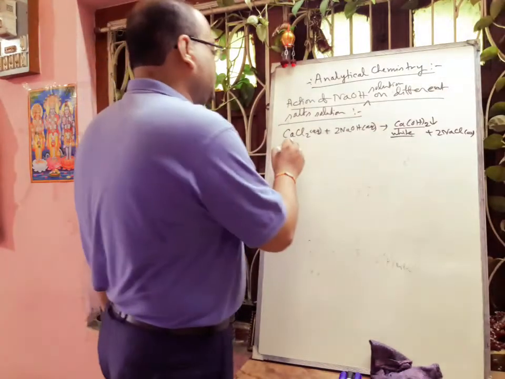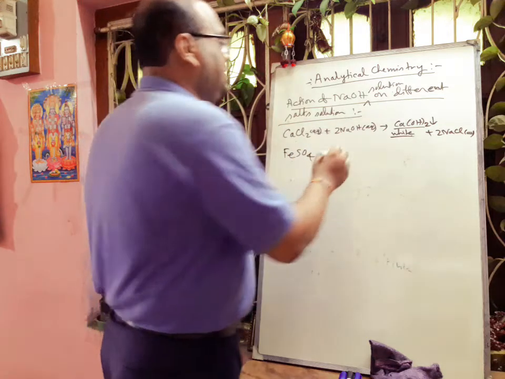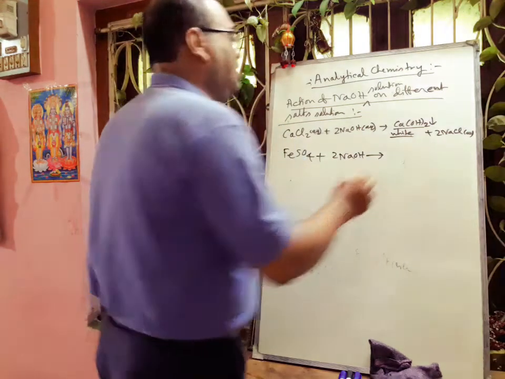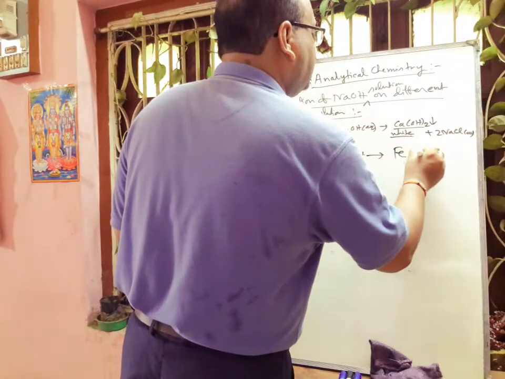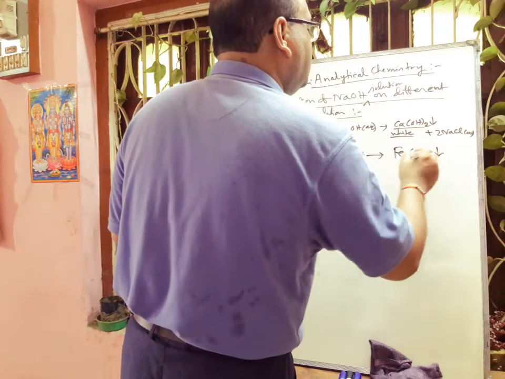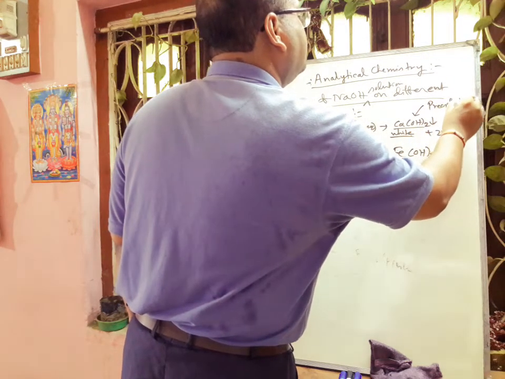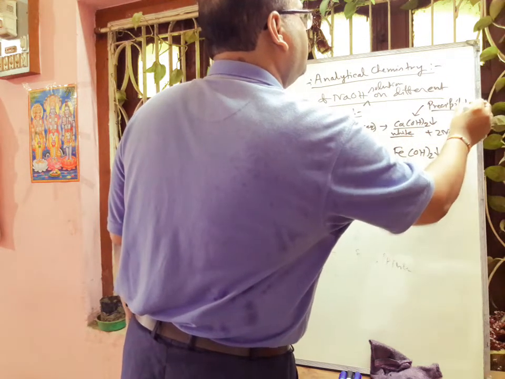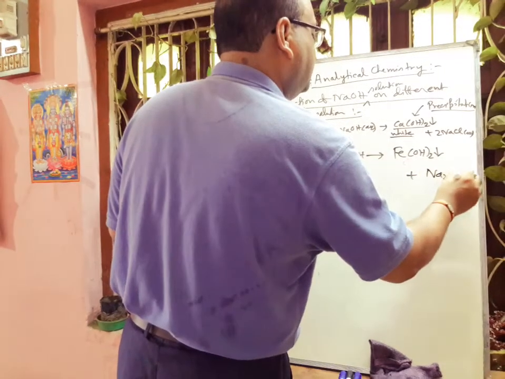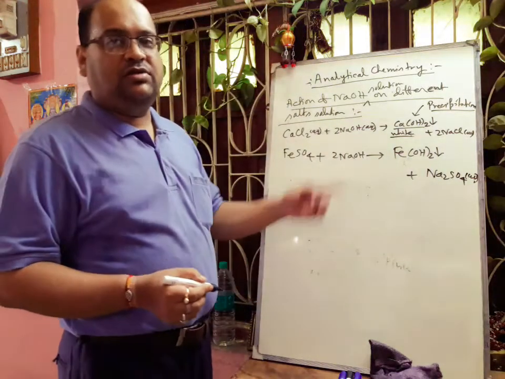Next we will discuss ferrous sulfate solution. If we take ferrous sulfate solution and in the same way add sodium hydroxide solution, then there will be formation of ferrous hydroxide PPT, this one is precipitation, and there will be formation of sodium sulfate solution. So sodium sulfate will remain in the aqueous solution, and ferrous hydroxide, what will be its color?